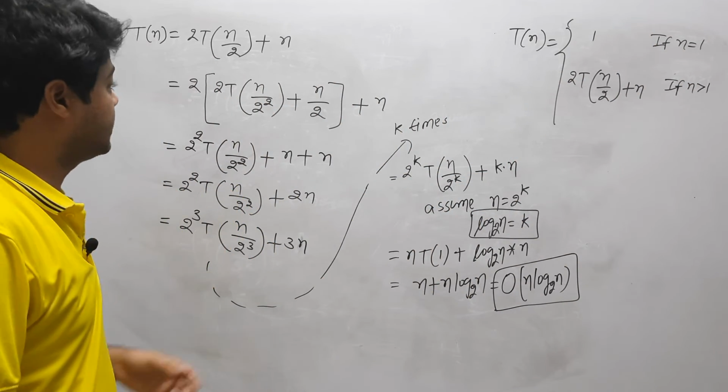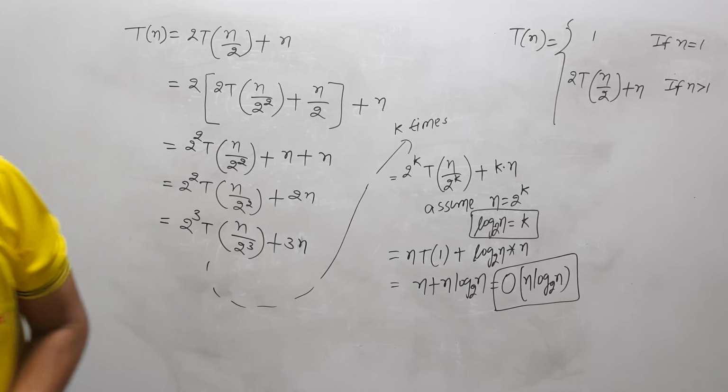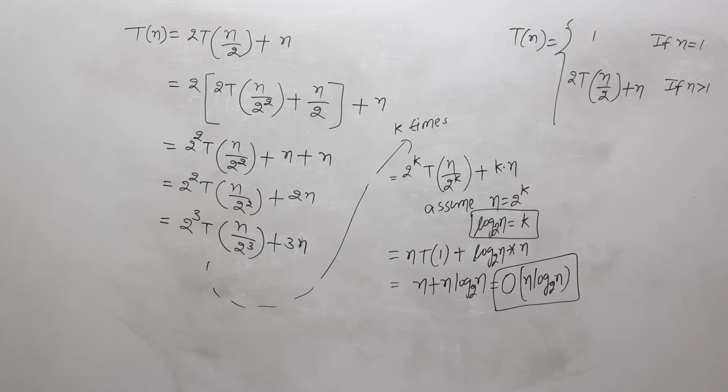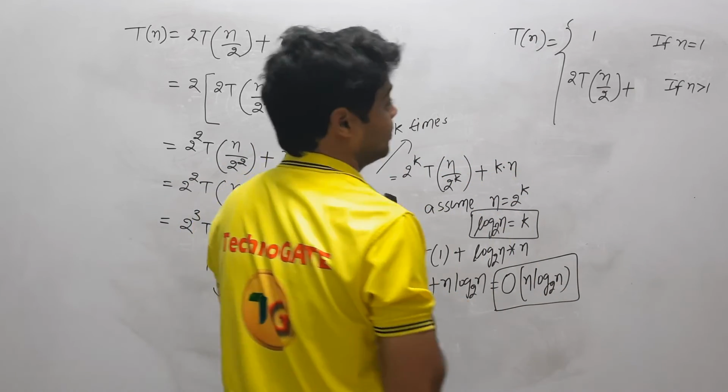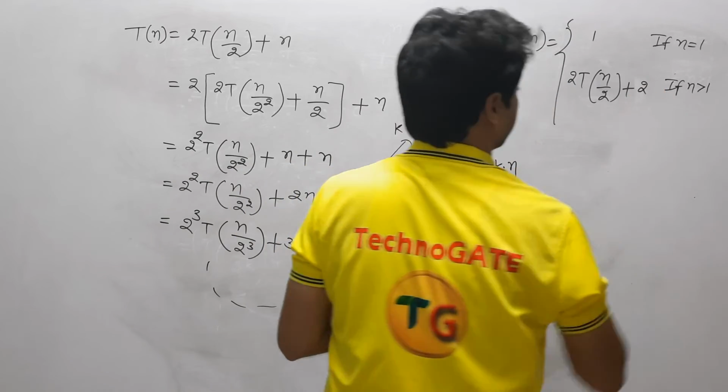Okay, let's see another example: T(n) = 2T(n/2) + 2.